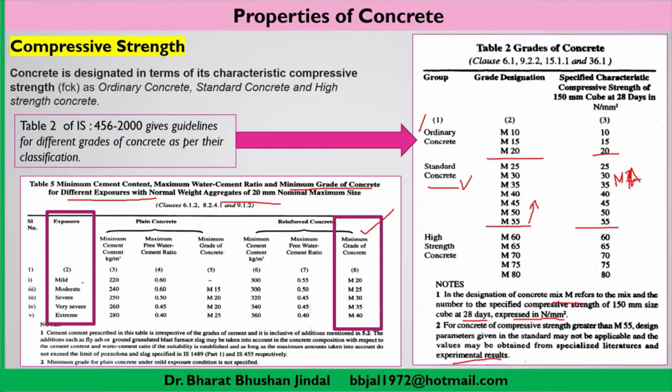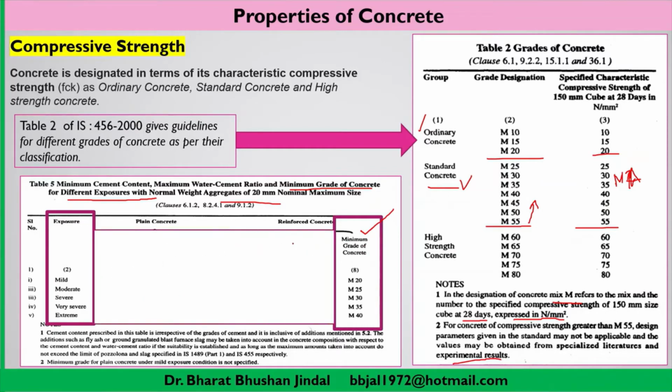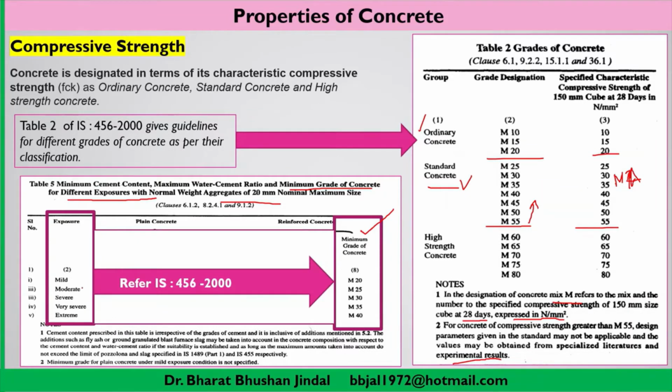Referring to this table number 5 from IS 456, we understand that minimum grade of concrete in RCC structure is M20 for the mild exposure condition. As you go to the other types of exposure condition, that is moderate, severe, you can see here the minimum grade of concrete as recommended by IS 456 will go on increasing.